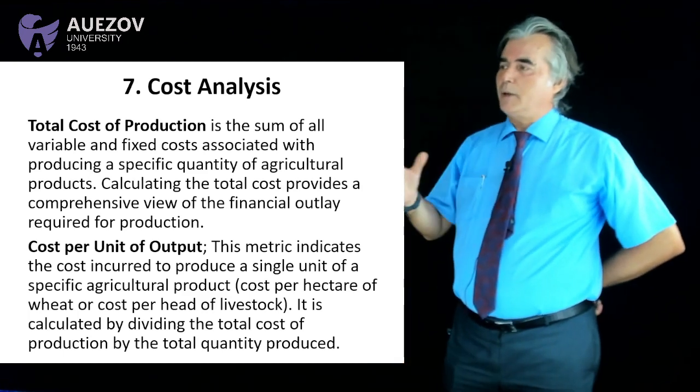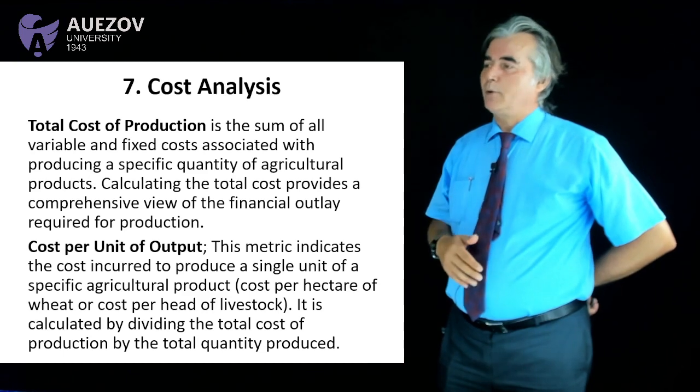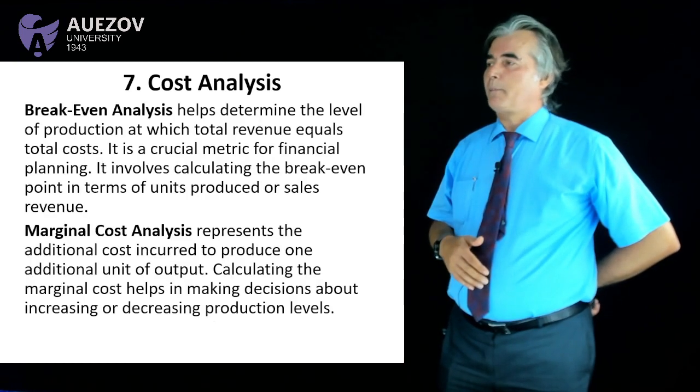It is calculated by dividing the total cost of production by the total quantity produced.